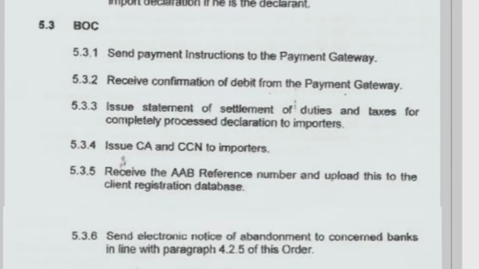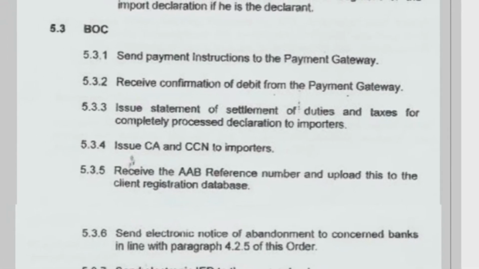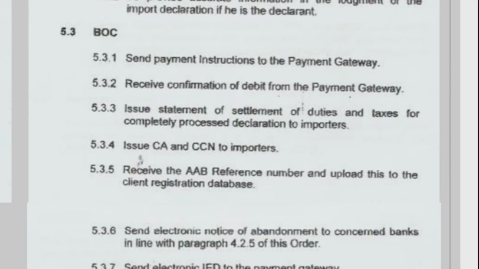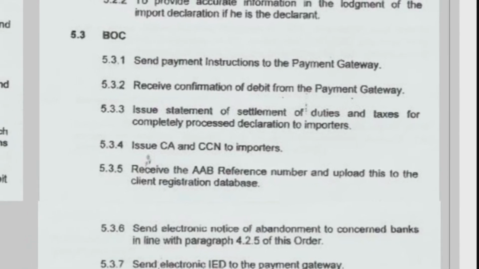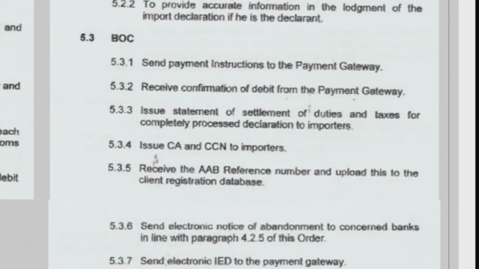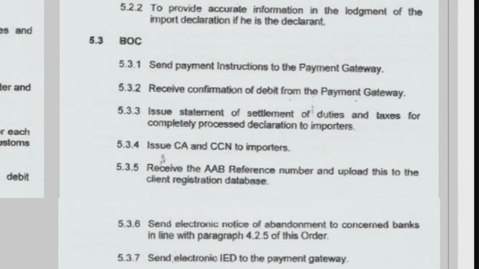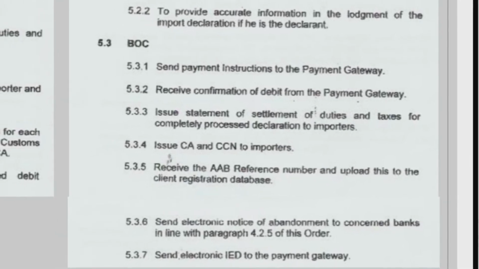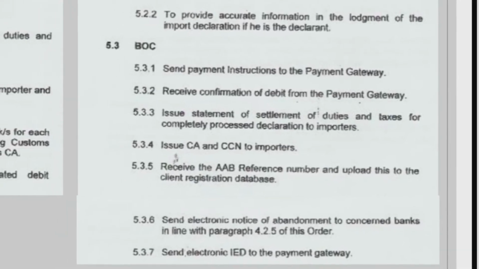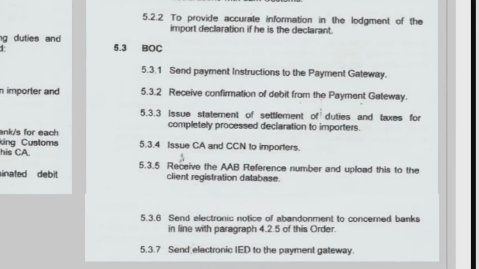The BOC or the Bureau of Customs responsibilities are they should send payment instruction to the payment gateway. The Bureau of Customs is the one who's going to finalize the amount of duties and taxes that should be paid by the importer for the particular shipment.